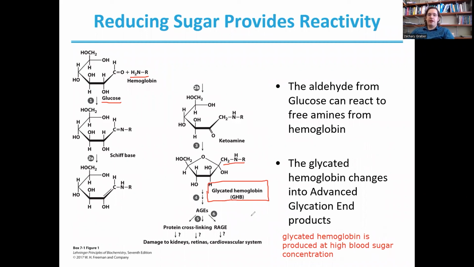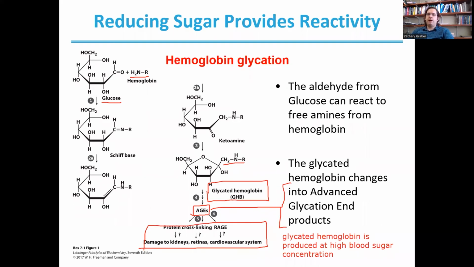Now, once we've produced our glycated hemoglobin, this can actually continue to react, right? So our sugar can react in different ways, and we can expand this kind of sugar structure that's attached to our hemoglobin. So this leads to what we call advanced glycation end products, which can actually then end up cross-linking, and it will eventually lead to damage to a lot of our different organ systems.